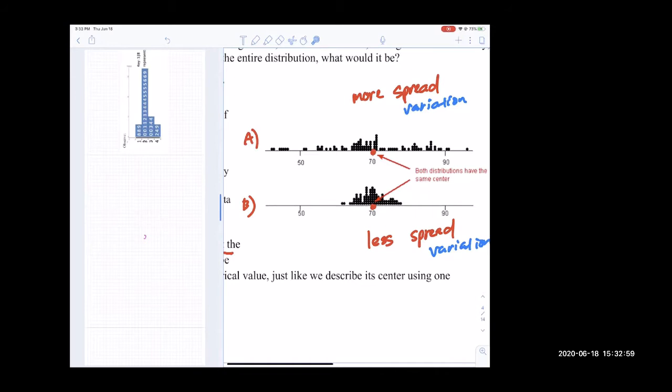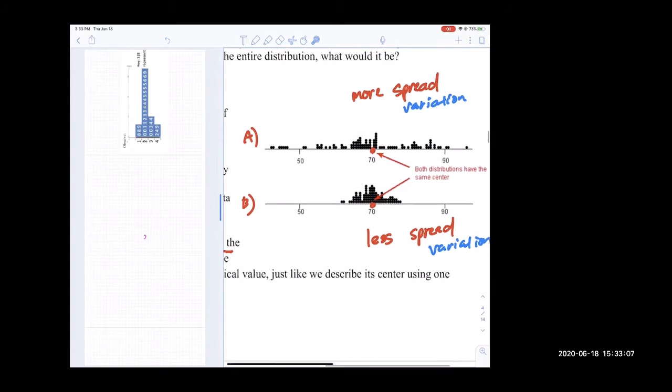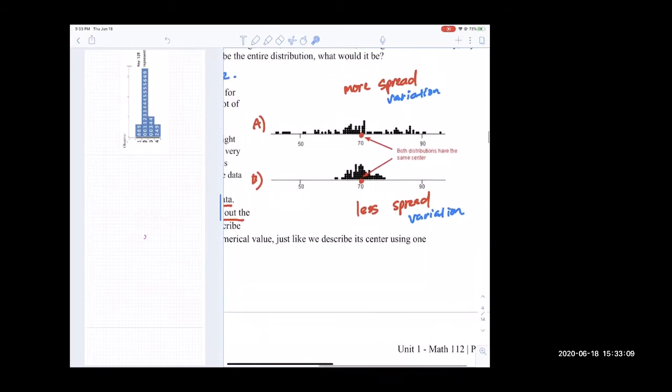Doesn't spread very much. As you can see, your graph A has more spread, or what we call more variation, compared to B. So far so good, okay? B has less spread or variation.